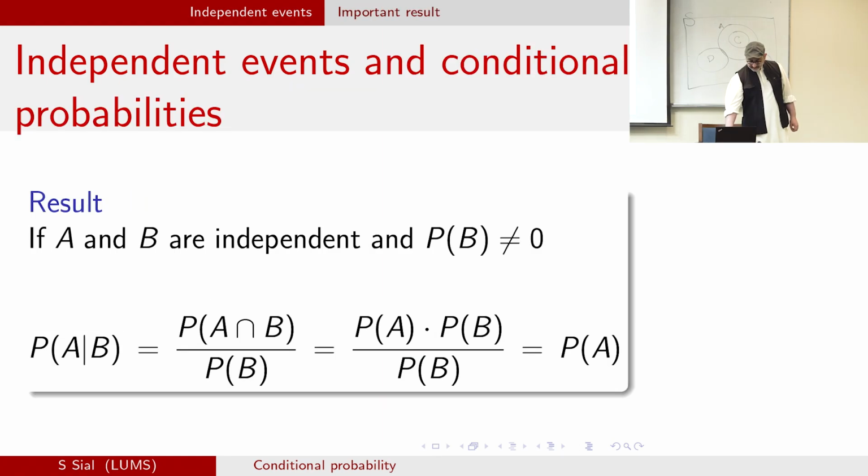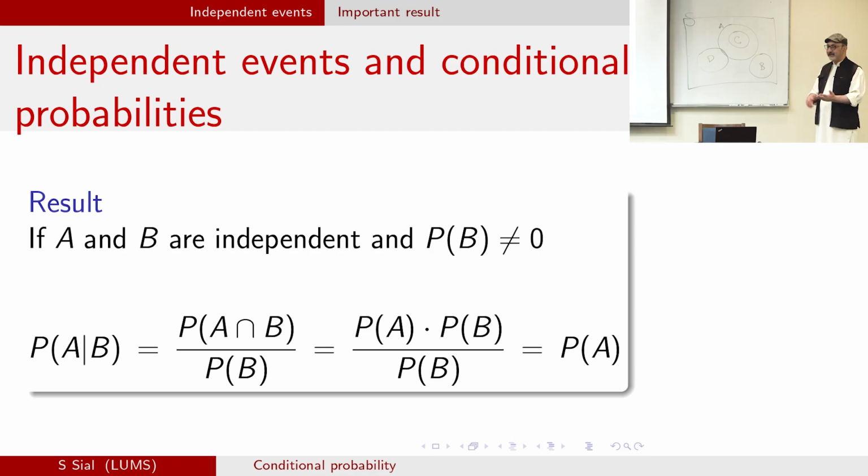So in the case that A and B are independent events, the probability of A intersection B is the probability of A times the probability of B. Then what happens with conditional probabilities?